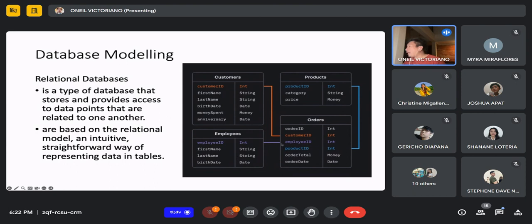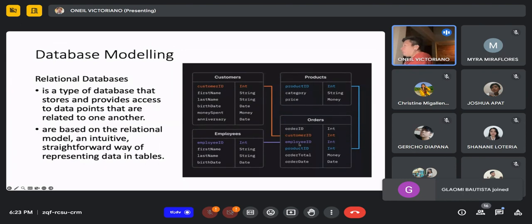We'll have cardinalities, but the idea here is the keys: the order is related to the customer table, where the customer ID is the PK, or primary key, and it is the foreign key on the orders table.